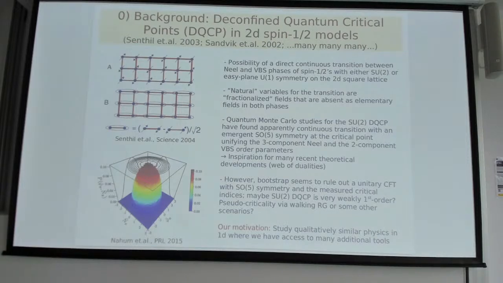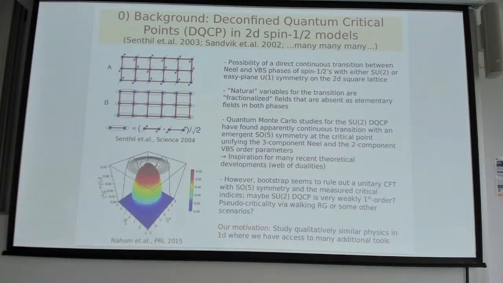One of the interesting findings, also initially by Anders, is that in the model with SU2 symmetry, apparently at the critical point, the three-component Néel and two-component VBS order appear to be unified into a five-component order parameter, and there is an emergent SO5 symmetry. This also gave inspiration to many recent developments.